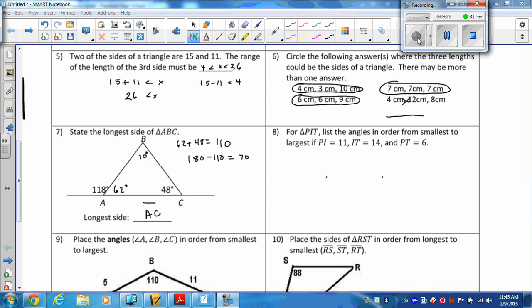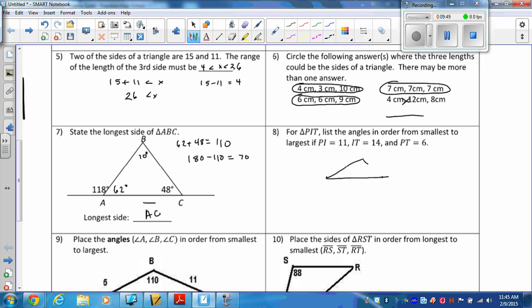Moving on to question number 8. We have triangle PIT. List the angles in order from smallest to largest, if PI is 11, IT is 14, and PT is 6. So we're going to be looking to draw a triangle, and so one of the sides is going to be the shortest.